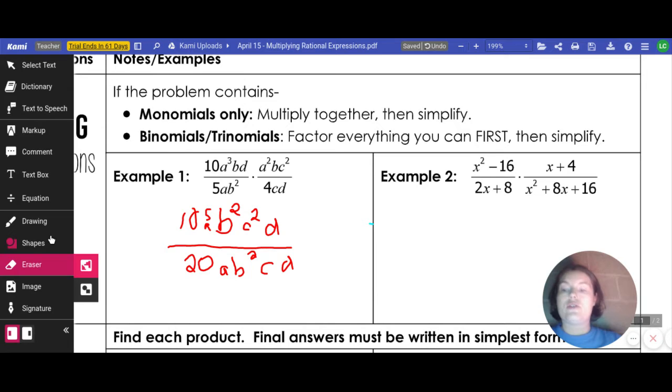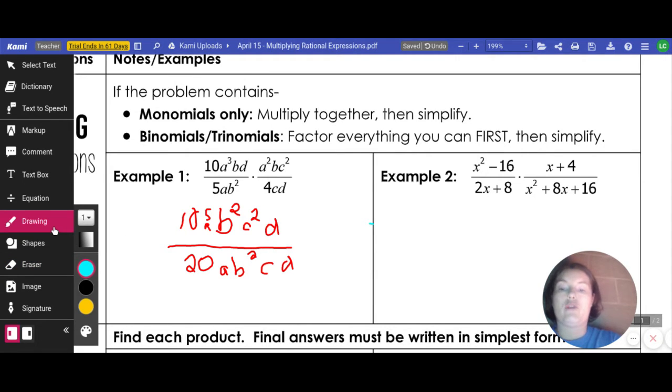All right, so I'm going to start off with my numbers. The 10 and 20, that's a fraction that can be simplified to be 1 over 2. So I'm going to mark out the 10, change it to a 1, mark out the 20, change it to a 2. Now, I have a to the fifth over a. So what that means is that there are 5 a's on top and there's 1 a on the bottom.